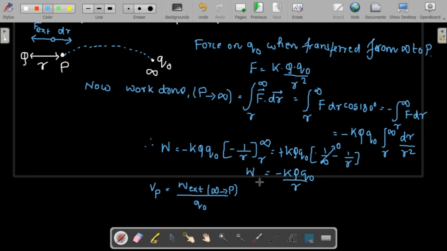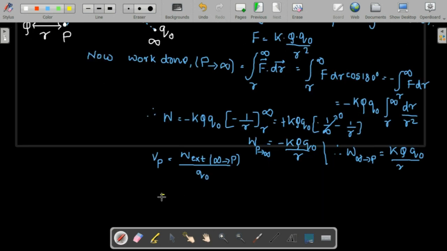So this was W from P to infinity. Talking about a conservative force, W from infinity to P would be nothing but the same, but it would be plus k Q Q naught divided by r.